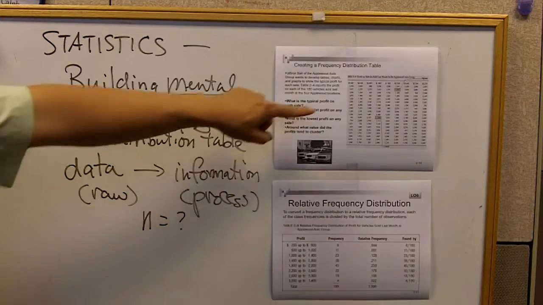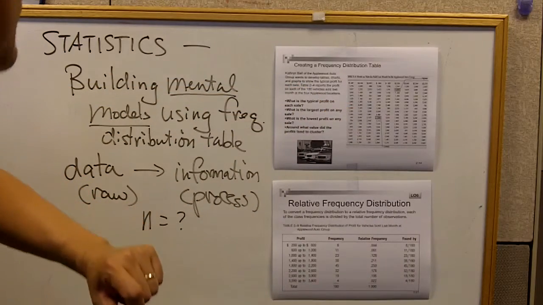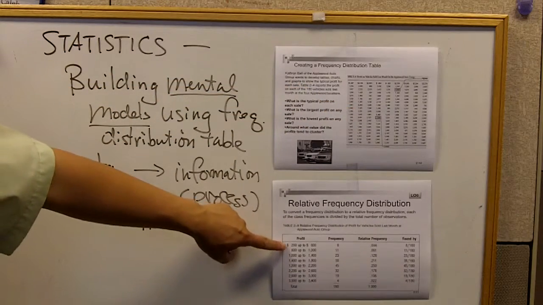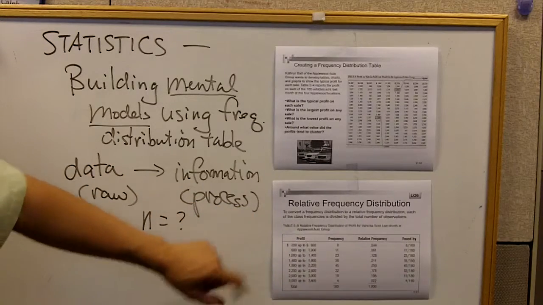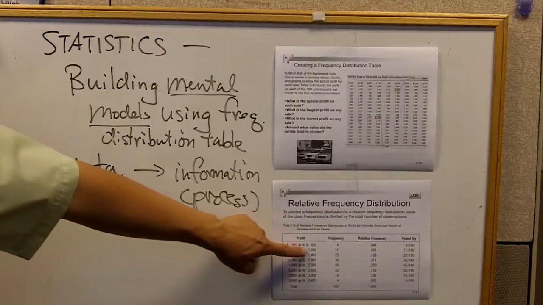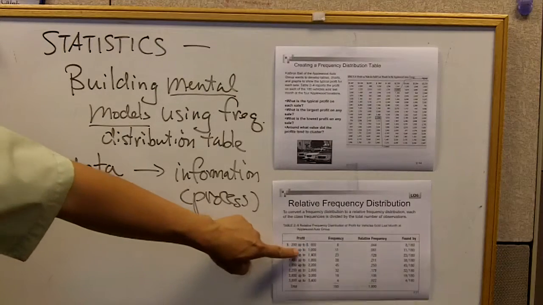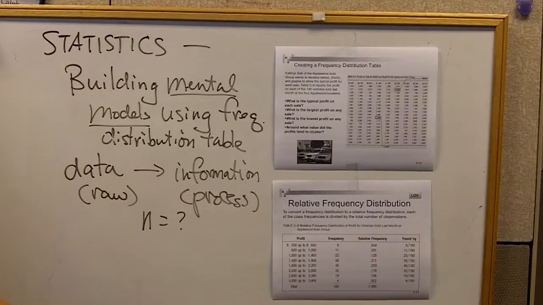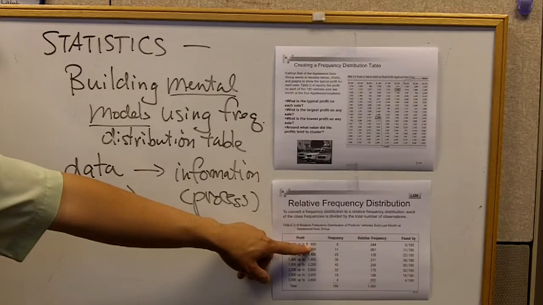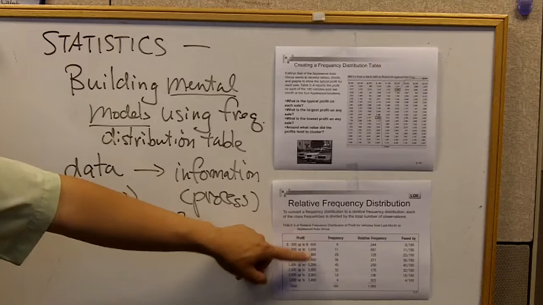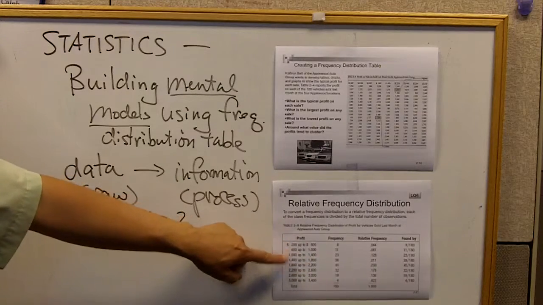Because the smallest value is 294, we have a starting point of 200 up to 600, then from 600 up to 1,000, and then 1,000 up to 1,400. When we say up to, it does not necessarily include the value, say 600; it might be 599, so that we don't have overlapping classes.